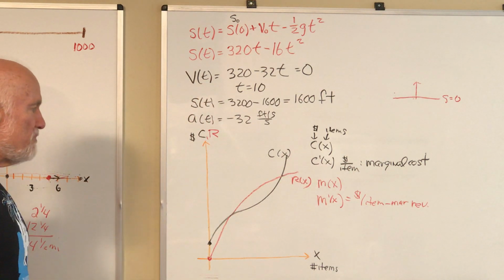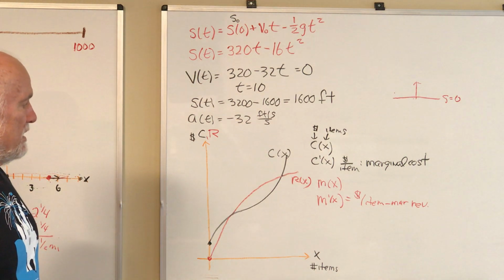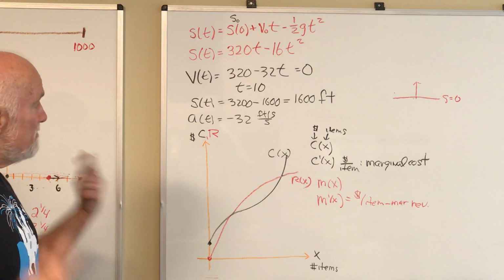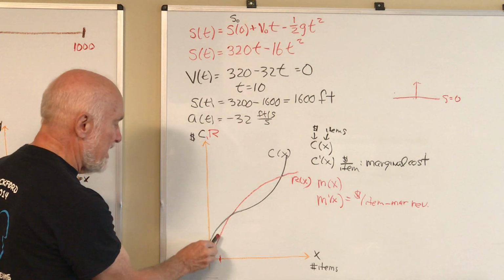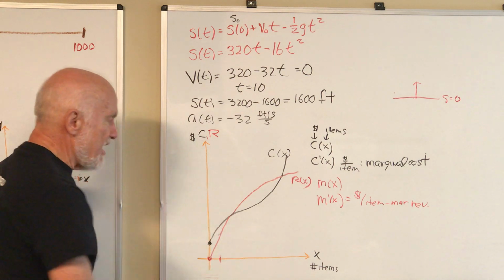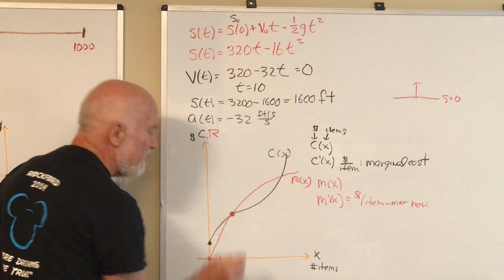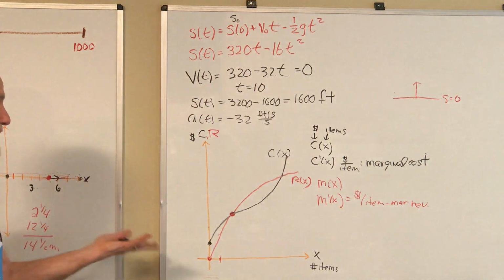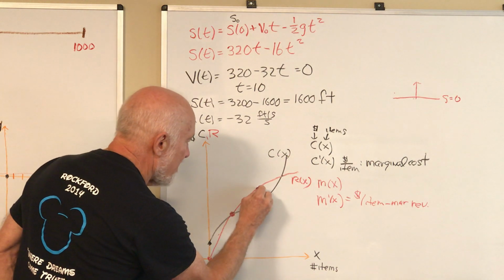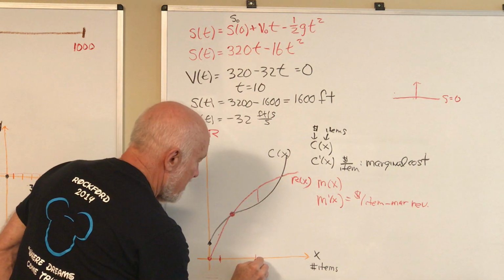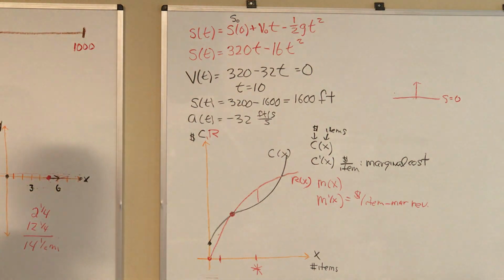Now, your question would be, how many items would you like to make? You wouldn't like to make this many items right here because your cost is higher than your revenue. Right here, the cost and revenue are the same, so that would be a break even. So isn't this the spot right here? This is the number of items you'd like to make right here.